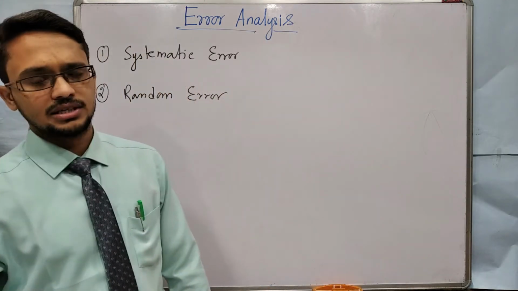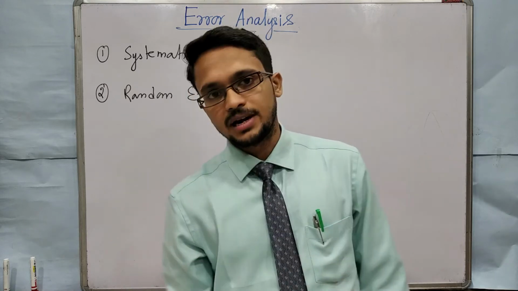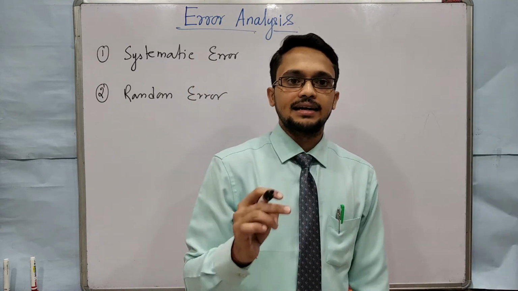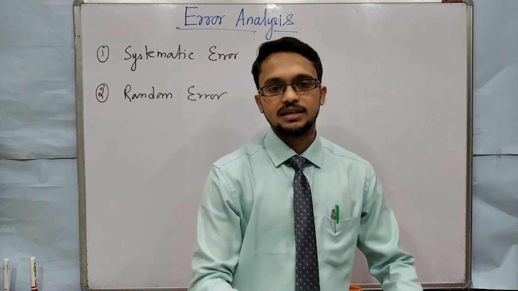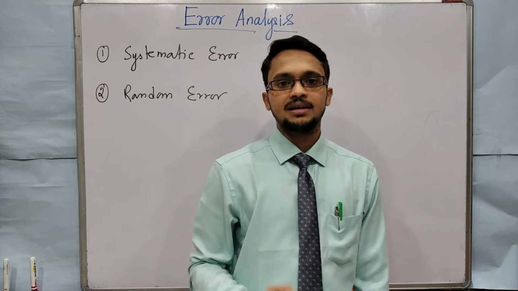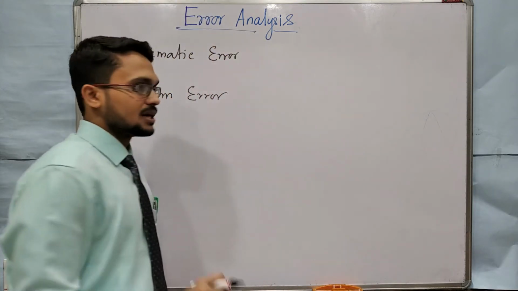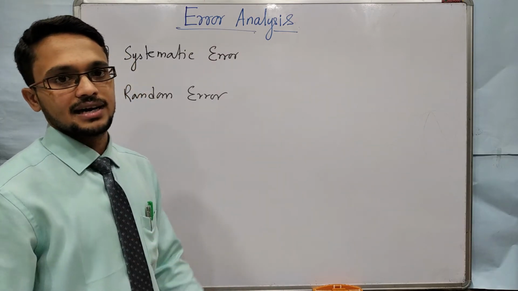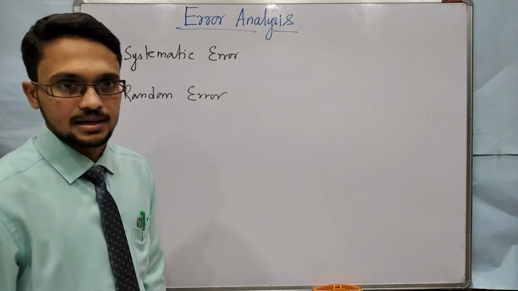Every instrument we use in the laboratory works accurately at a particular condition. Whenever everything around that instrument is the same, then that instrument will give accurate measurement. But when we use it in the laboratory, the atmospheric conditions are different, so we get different kinds of error.